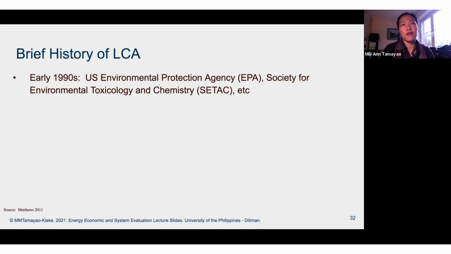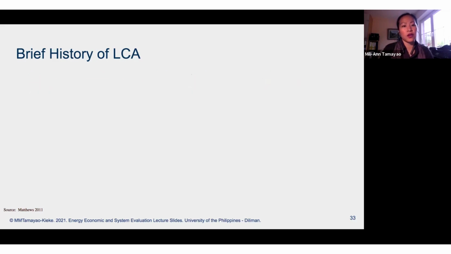Okay? Kasi if you have a standardized process, then the results later on could be more easily validated and could be more acceptable to the wider community. Okay?